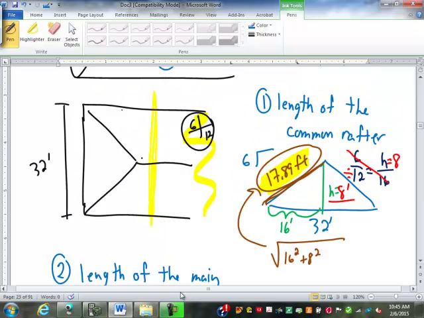The jack rafter, sometimes called the jack master or the jack corner, is this corner here. We can find that later. For right now, we want to find the main hip jack, which is this one here that goes from the peak down the roof that way.